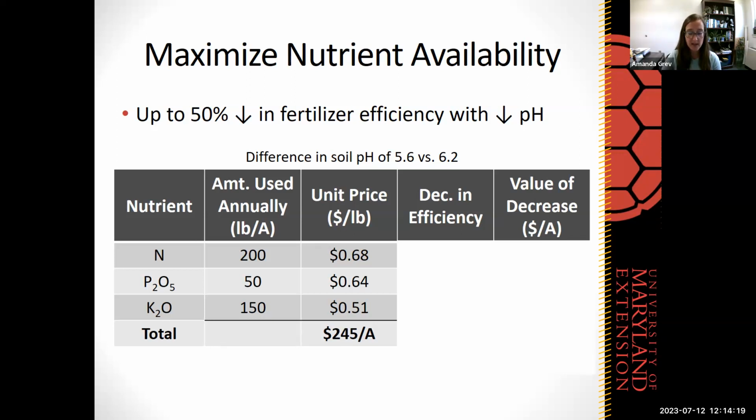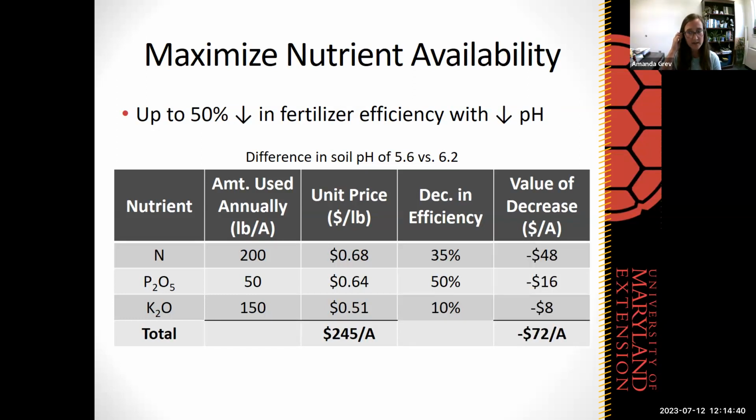That's what we're applying. Well, if our soil pH is more acidic, so if we move down to that 5.6, and we have a decrease in availability of each of those nutrients, so we're applying the nutrients, but they're not necessarily available to the plants, we see a decrease in efficiency, and we can subtract that and assign a dollar value.